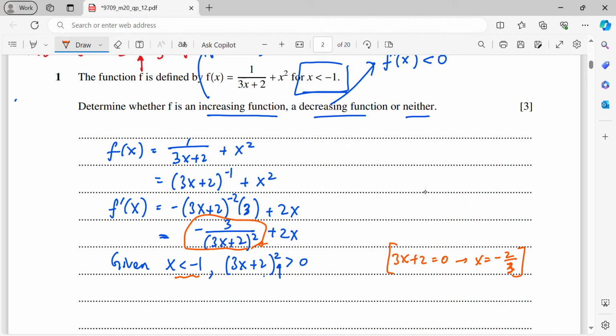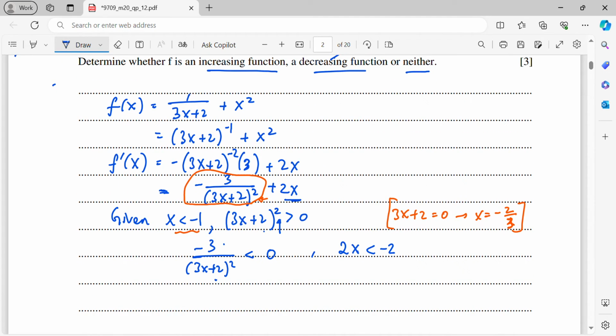Since your numerator is negative 3, I will say that negative 3 over (3x+2) squared will be less than 0, because even though the denominator is positive, the numerator is negative. Therefore, negative over a positive is still negative. And what happened to this 2x? Your x is less than minus 1, so definitely 2x will be less than minus 2.